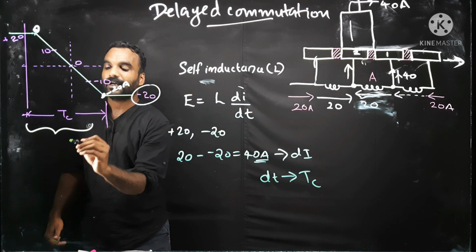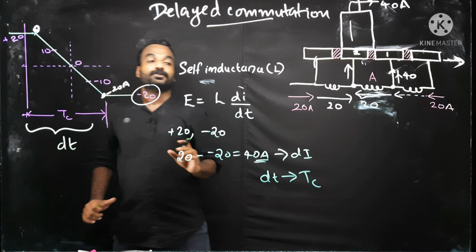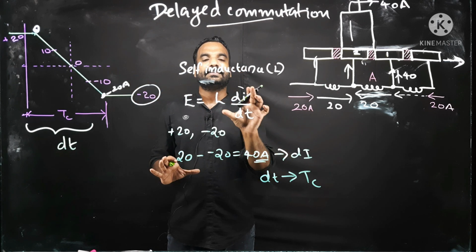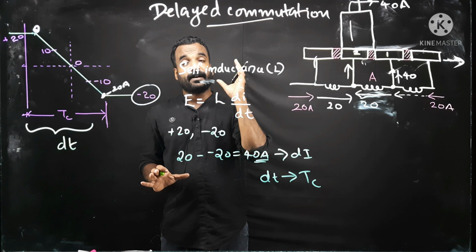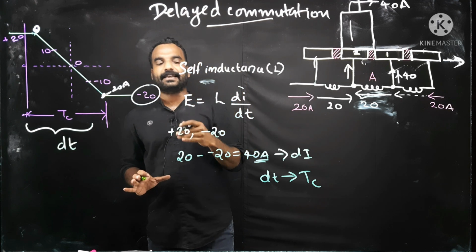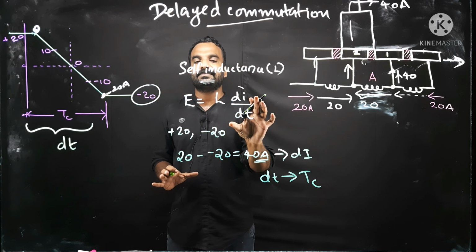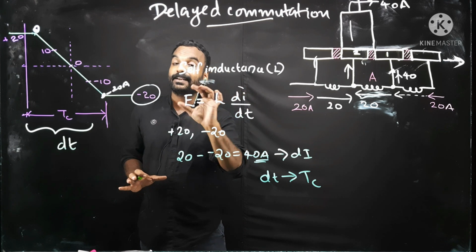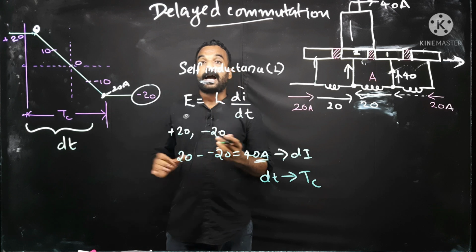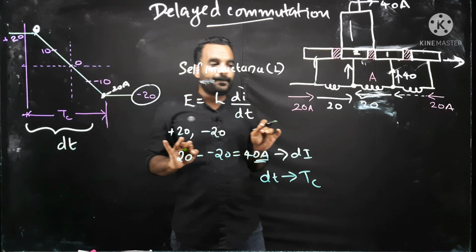So clearly we can see this equation is very relevant in this case, because di by dt happens and the coil is having an inductance L. Then suddenly we will get an EMF. So this is your point.